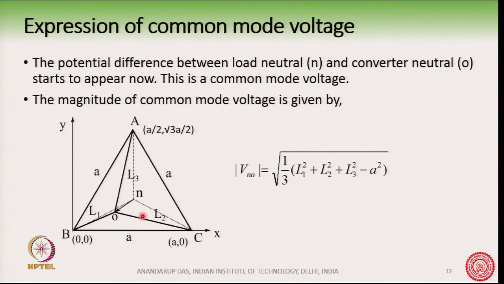So, this VNO voltage is a common mode voltage. From the previous equation you can get the magnitude of this VNO, given by this expression here. How much common mode voltage is getting applied can be found from this expression.